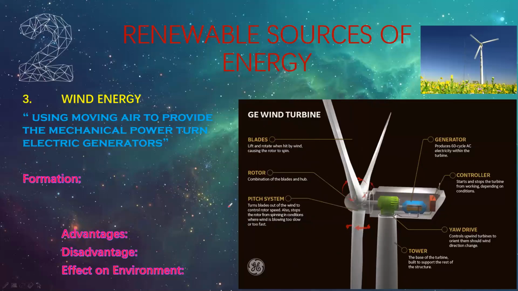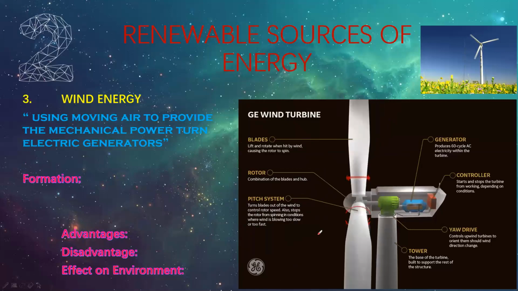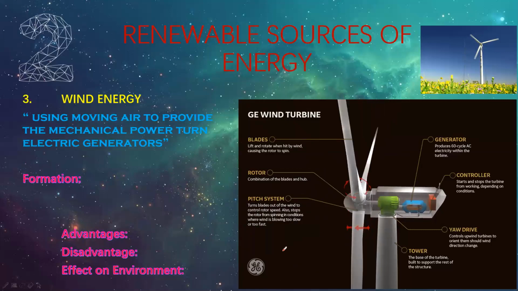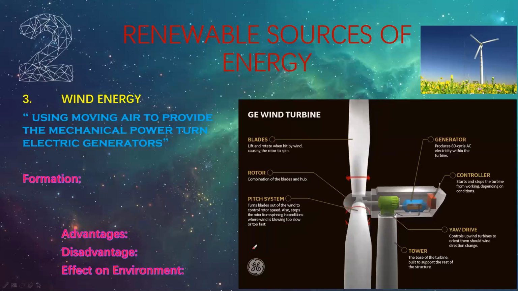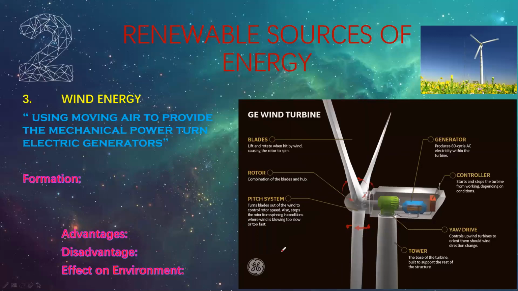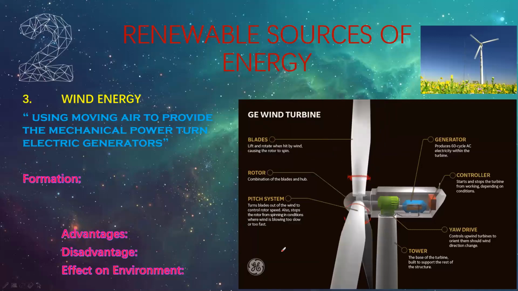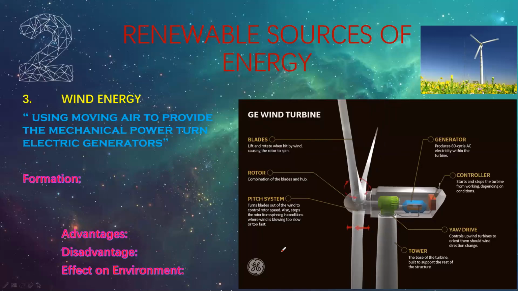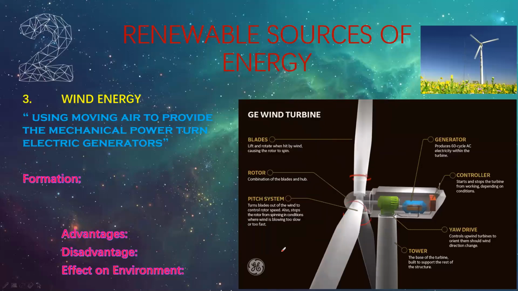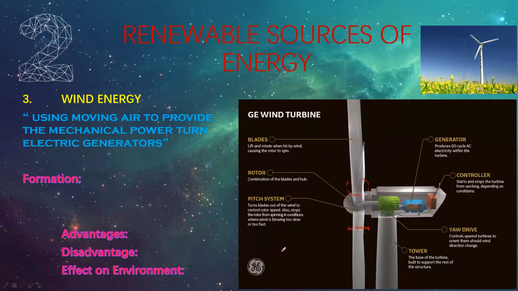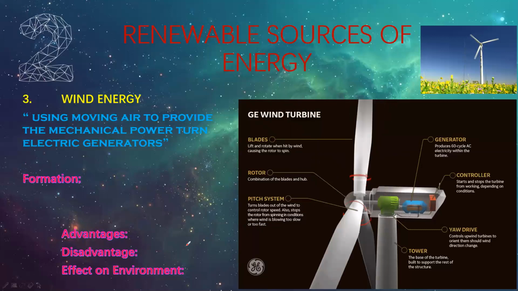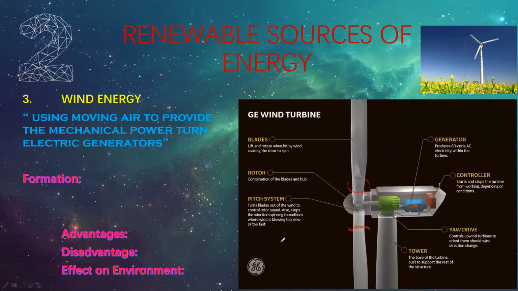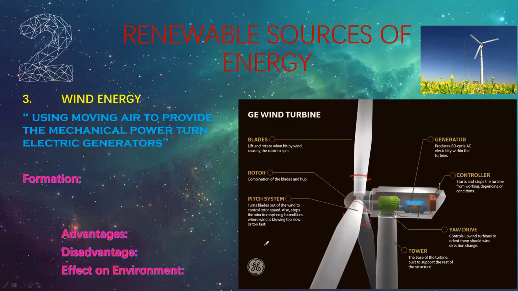The disadvantage is that the electricity generated by this system is less in quantity, so we need a large number of windmills together at one place, which we call a wind field, right? So that we can produce electricity in a greater quantity. The advantage is that the wind is available for free, in one way, you can say.